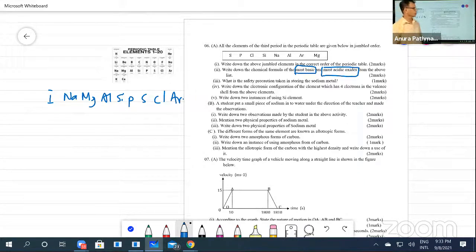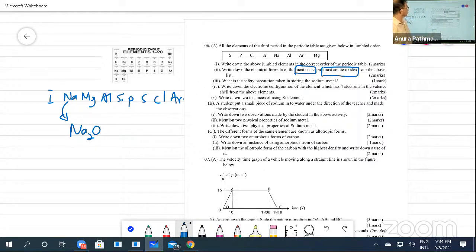Sodium, okay, sodium oxide. What is the most acidic one? Chlorine, right, chlorine oxide.